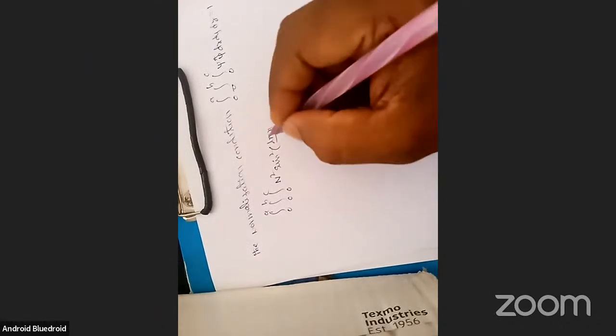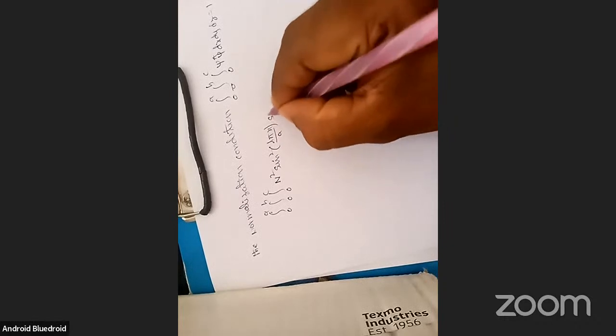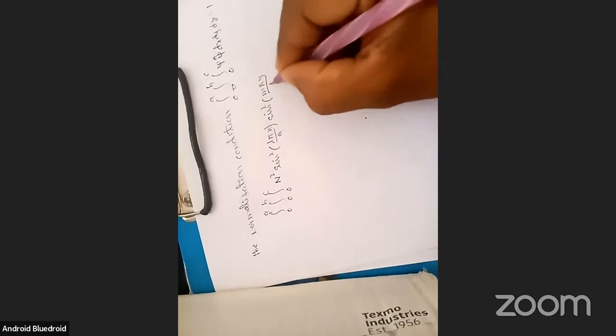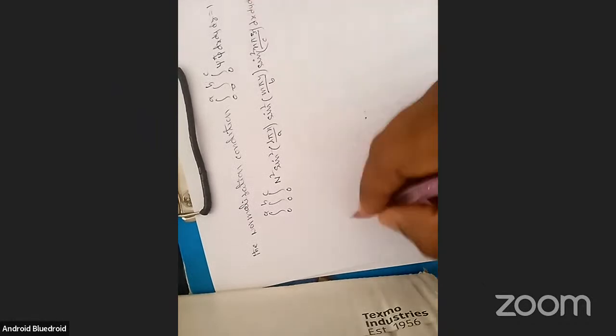Sine square L pi x by A into sine square M pi y by B into sine square N pi z by C, dx dy dz is equal to 1.